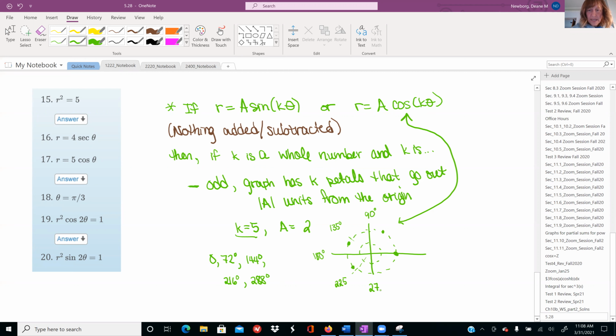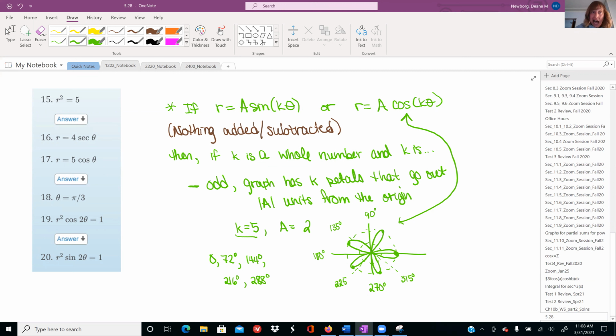This is 270 if we're talking degrees. And then the middle, 45 degrees, that would be 315. So it's a lot closer to the 270. So I think those are where the tips of my petals should be. That's kind of a rough drawing, but yeah, so you should have 5 equally spaced petals.